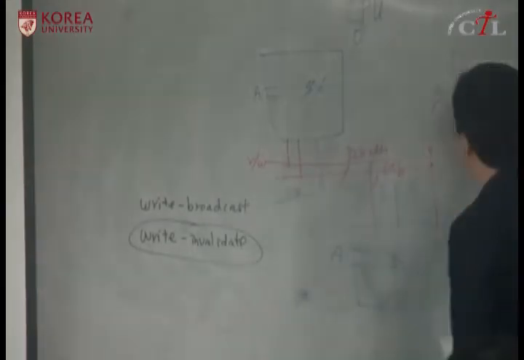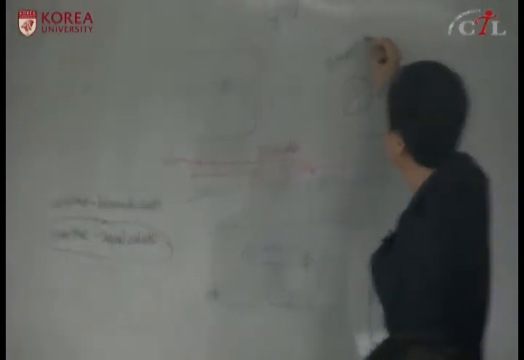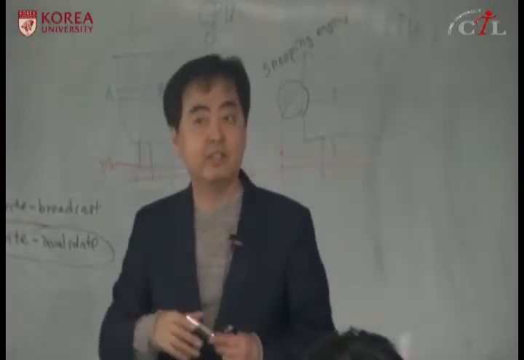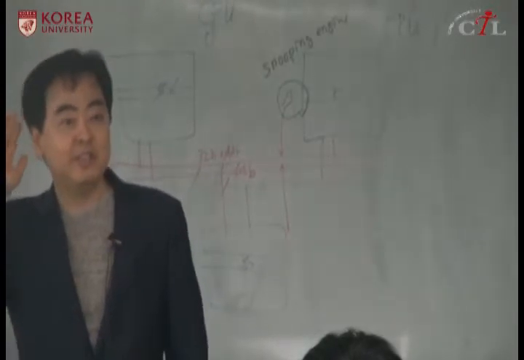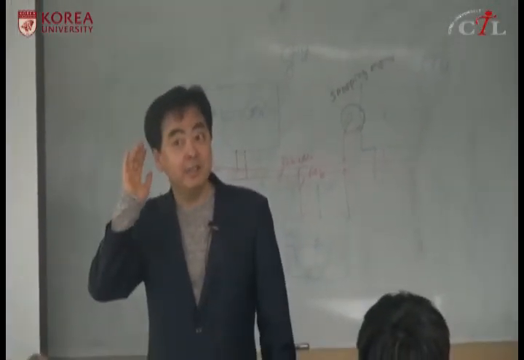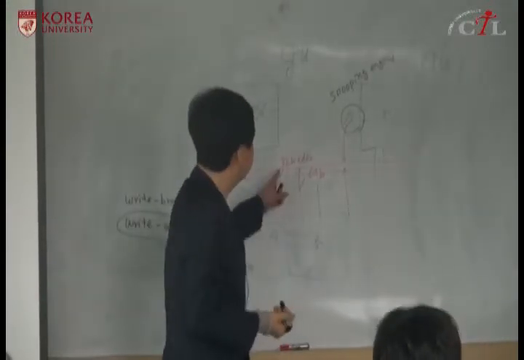So each processor has this coherence engine. It's called the snooping engine. Snoop means listening. They always monitor this bus signal. Whenever the other processor is doing a write, they get this address.